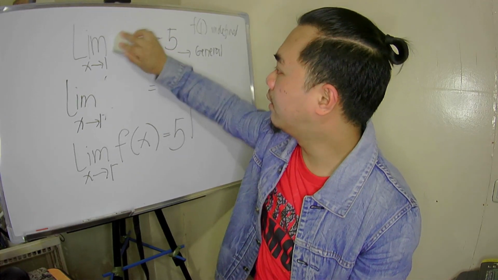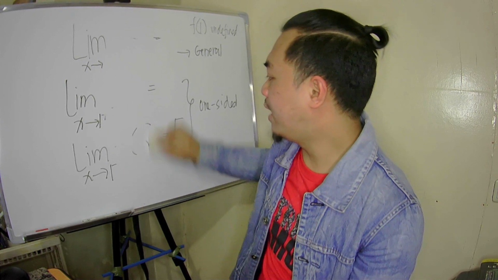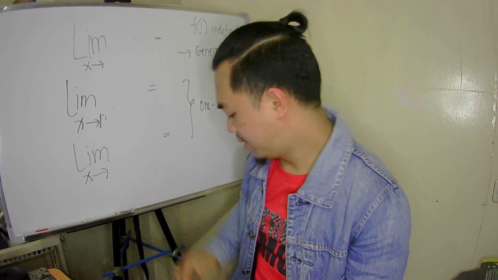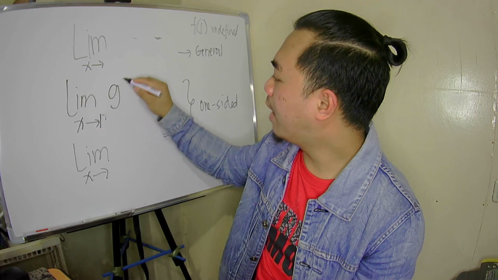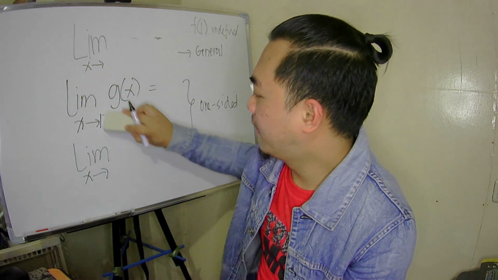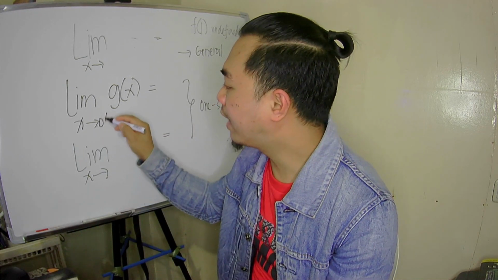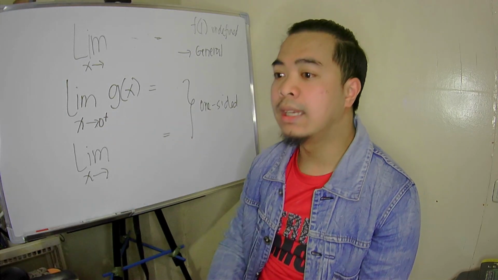I-erase ko lang muna. Pero not all. Because our function now is not f of x but g of x. So we started from the right of 0. So this time x is approaching 0 from the right side.